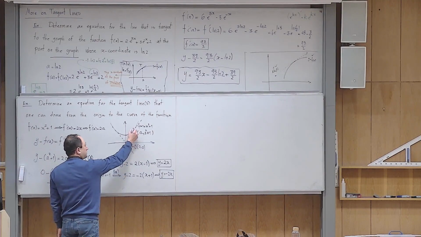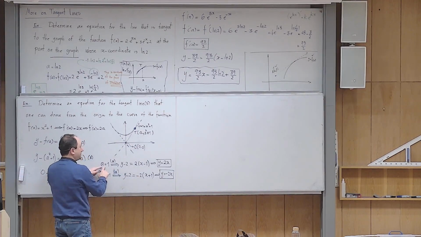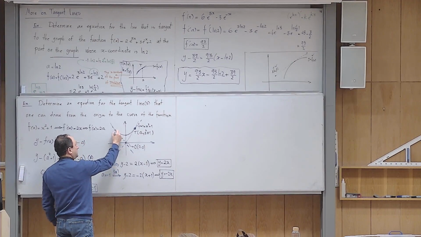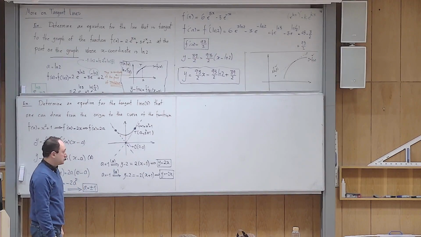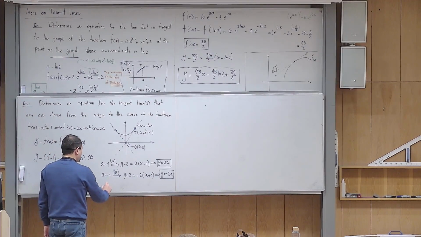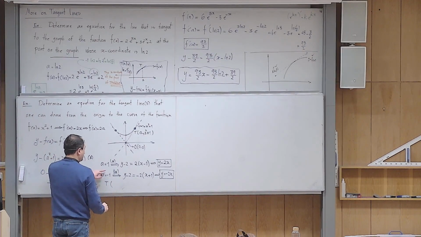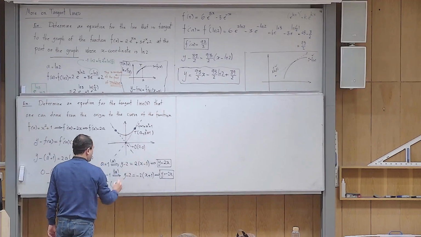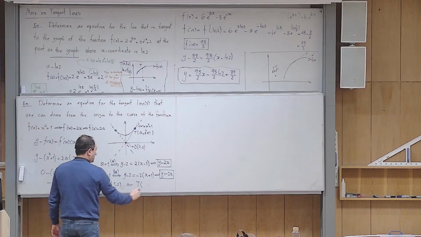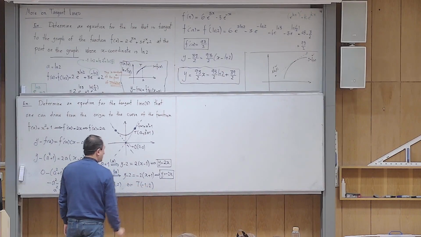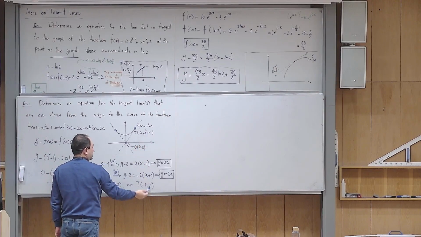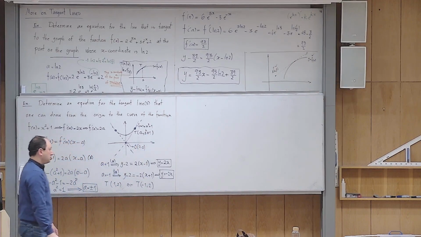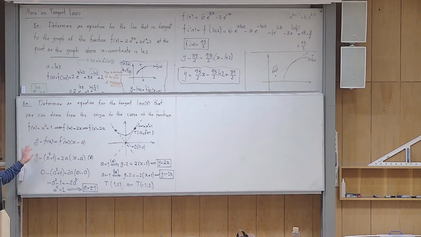One point of tangency is here when a is equal to 1. Of course, another point of tangency is here. That happens if a is equal to minus 1. So the point of tangency is either, I put 1 here, this becomes 1 and 2, or minus 1 and 2. I put minus 1 here, it becomes minus 1, but minus 1 to power 2 plus 1 is again 2.